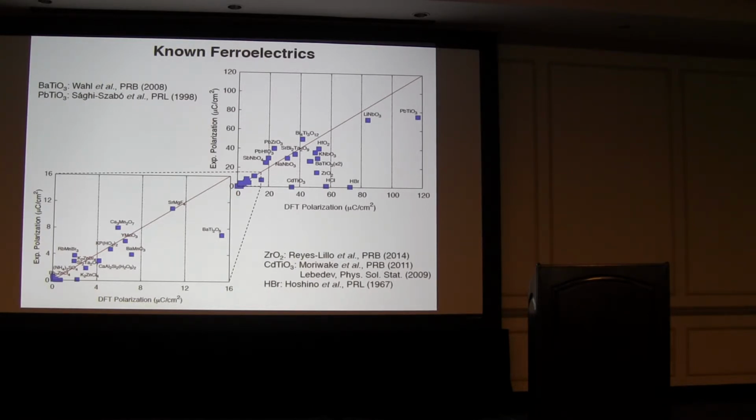The values for barium titanate and lead titanate coincide with the literature. There are few cases where the calculation is really bad. However, these are long-standing controversies between the computed and the experimental polarization, where the experimental polarization is 2 orders of magnitude smaller than the DFT calculation. So this is still in agreement with the literature.